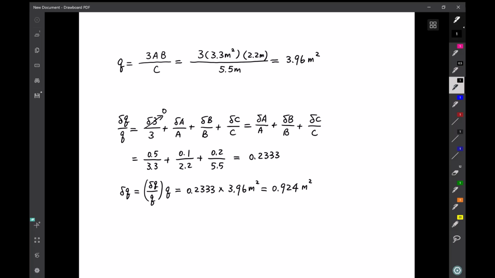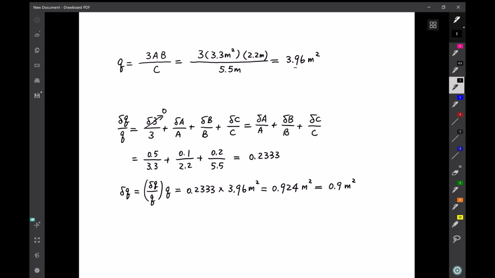Now it's time to round off. You round it to one non-zero digit. And you look, this has only one decimal place, which means your result should only have one decimal place as well.